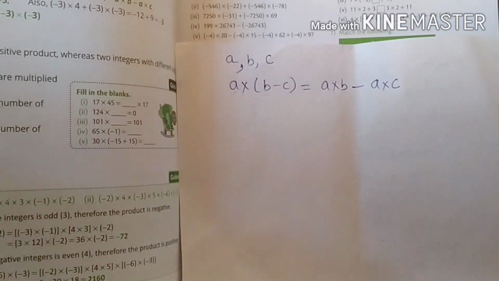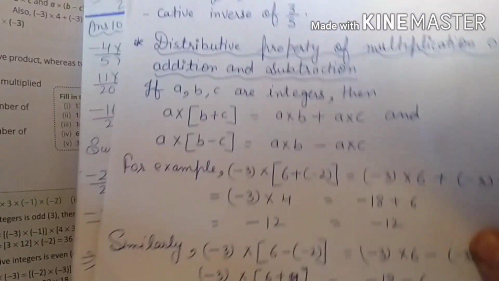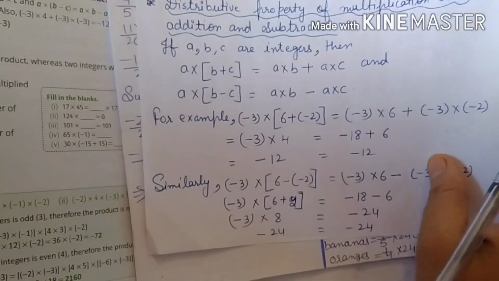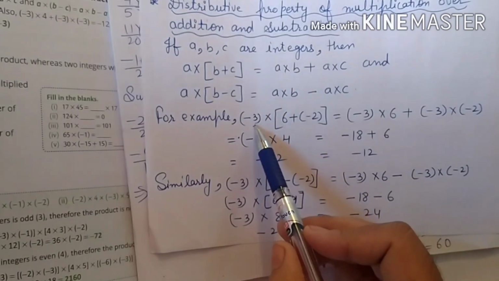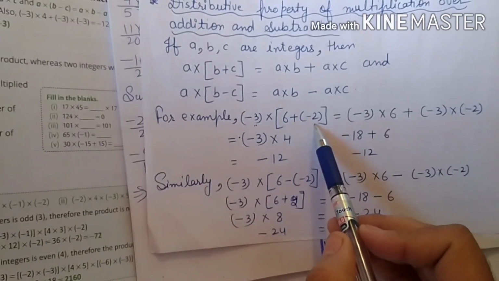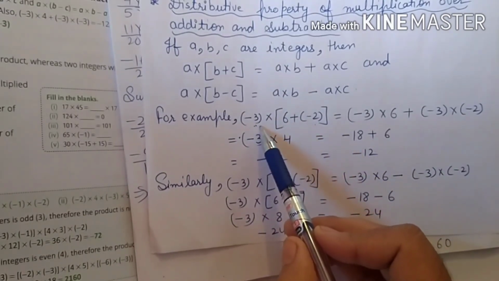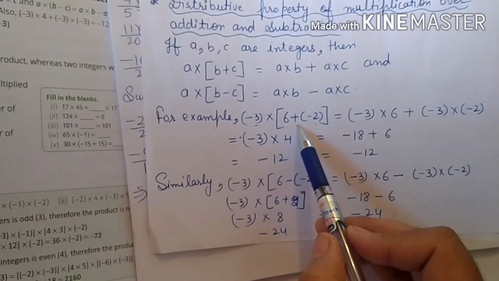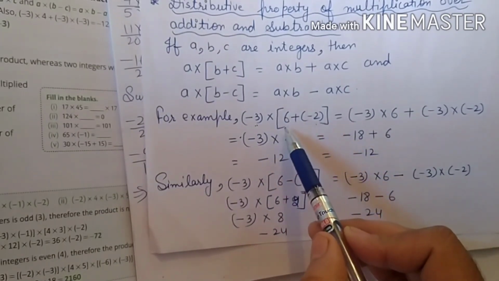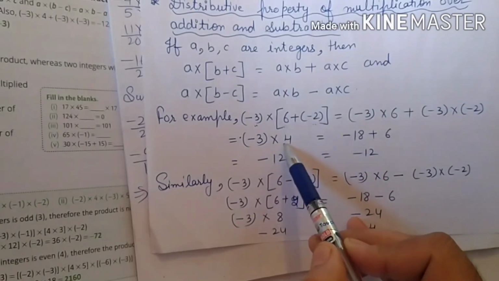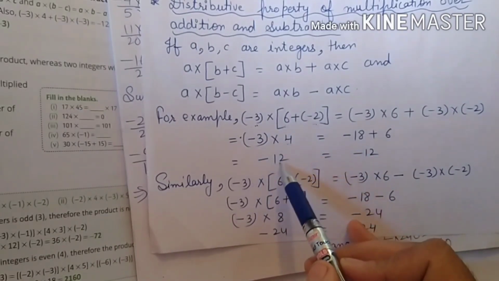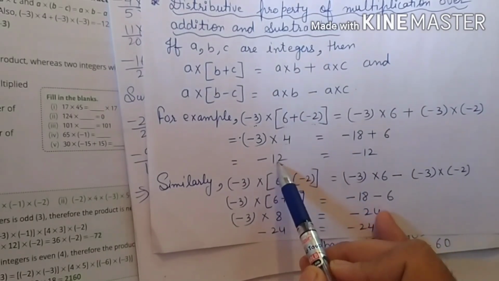In the assignment, here I took one example. Suppose we have three integers -3, 6 and -2. Then -3 multiplied by 6 plus -2. If we solve this, 6 minus 2 is 4. Then -3 multiplied by 4 is -12.